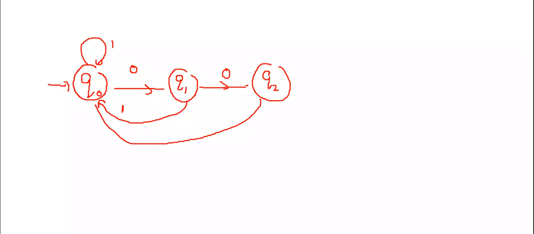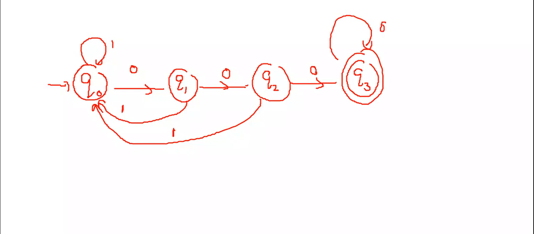When you see again a 1, you are coming to the initial state. When you see another 0, you are going to Q3, and Q3 will be the final state, and here you are accepting any number of zeros and ones. So this is the diagram for accepting the consecutive zeros in the given string.